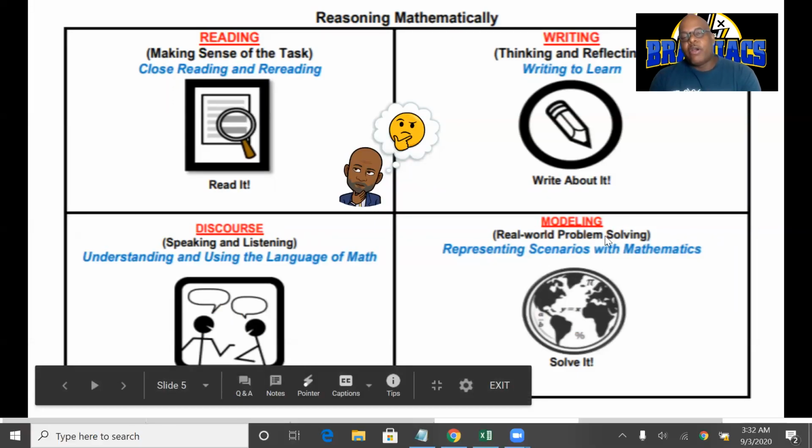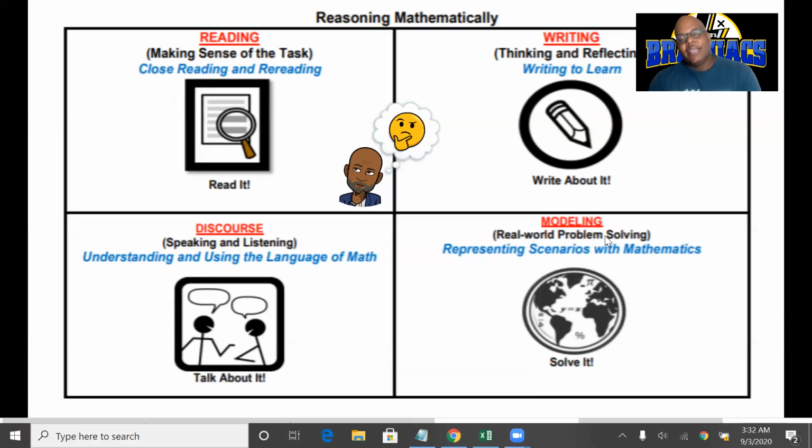And then the last part of reasoning mathematically is modeling, real world problem solving. So that's representing scenarios with mathematics. That's solving it. That's giving examples of it. That's putting your mathematical knowledge into real world practice. And that's what we're going to be doing a lot this year: reading, writing, discoursing, and modeling.